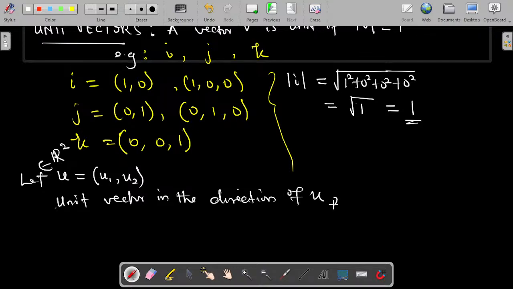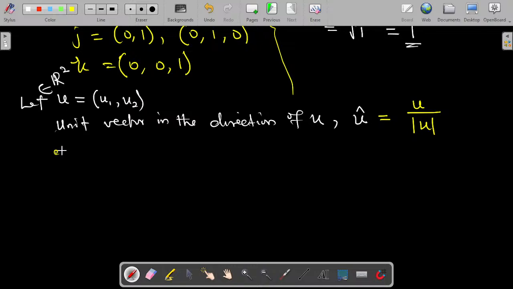That vector is represented by u caret, and this is how it is defined: u all over the magnitude of u. Very simple. That means I can get the unit vector in the direction of any vector. Another way to say it is that you can get a unit vector that has the same direction as another vector.